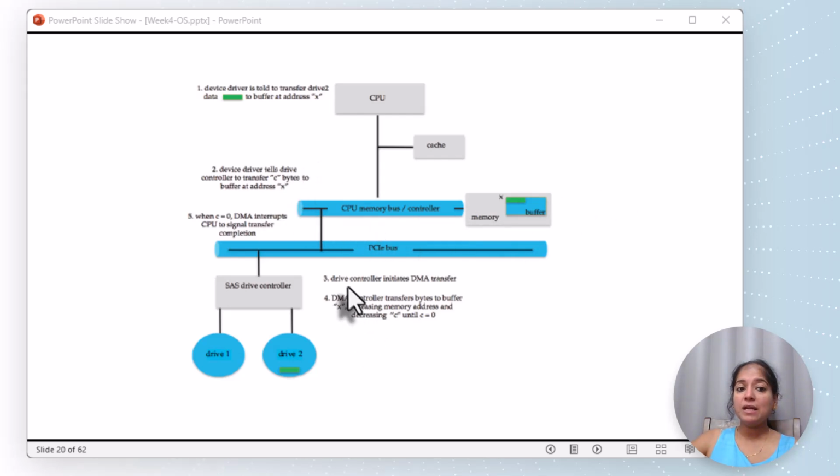Third, the device controller initiates the DMA transfer. Then the DMA controller transfers bytes to buffer X, increasing memory addresses and decreasing C until C is 0, because you need to transfer each byte. When C is 0, the transfer is done, and the DMA interrupts the CPU to signal transfer completion. This is basically how DMA works.